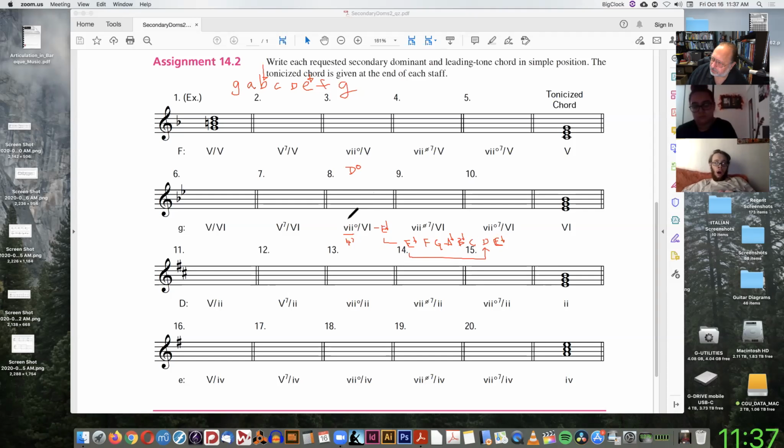Did that make any sense? So it goes to the 7 of the 6 chord. The 6th chord being 1, 2, 3. No, our 6th chord in G, excuse me. Our 6th chord in G. 1, 2, 3, 4, 5, 6.